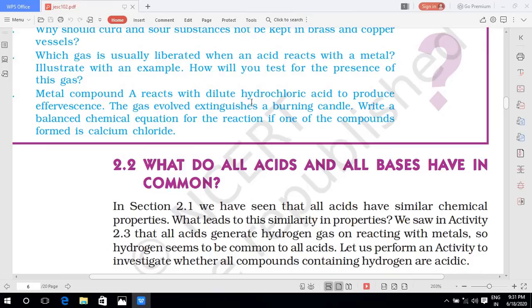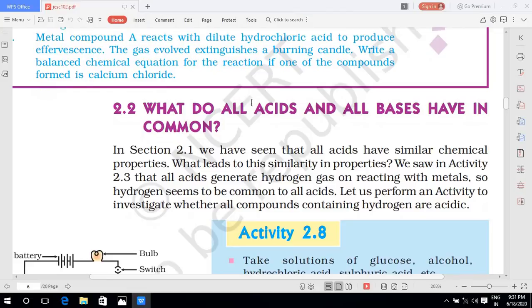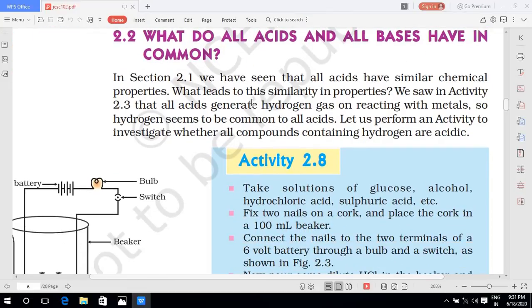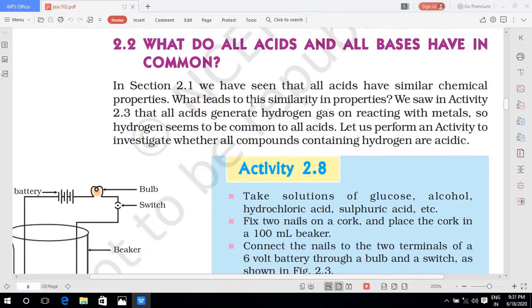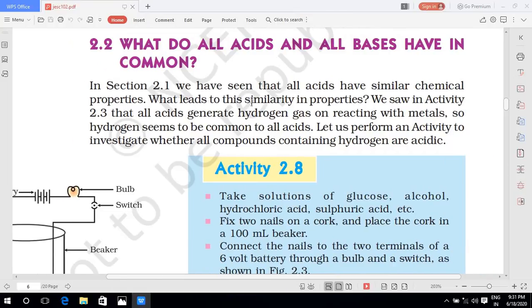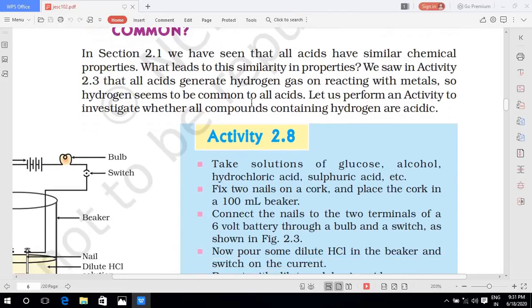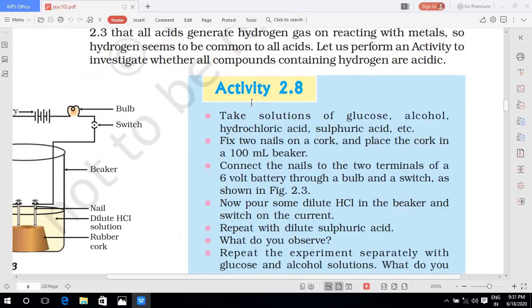What do all acids and all bases have in common? What is the common thing between all acids and all bases? Let's learn. The most important and very obvious common property between acids and bases is their conduction of electricity. Both acid and base solutions conduct electricity.